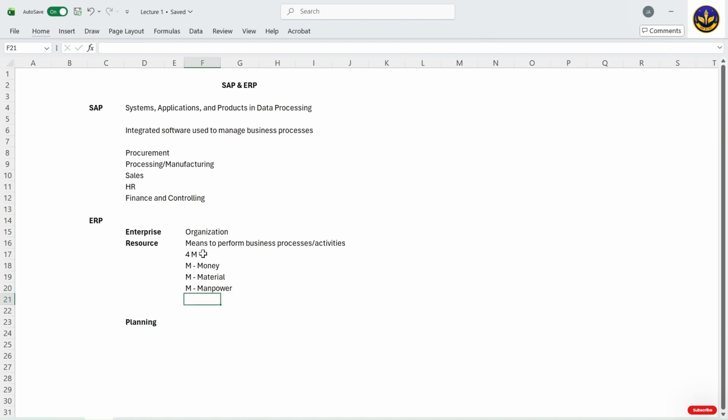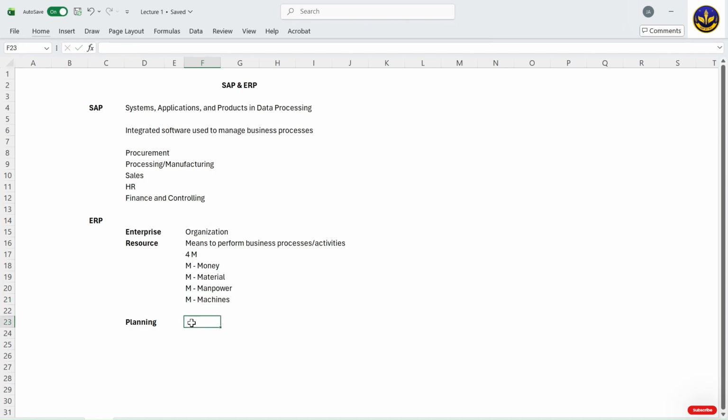And the next one is machines. So these are the means to perform your business activities or to accomplish these business processes.